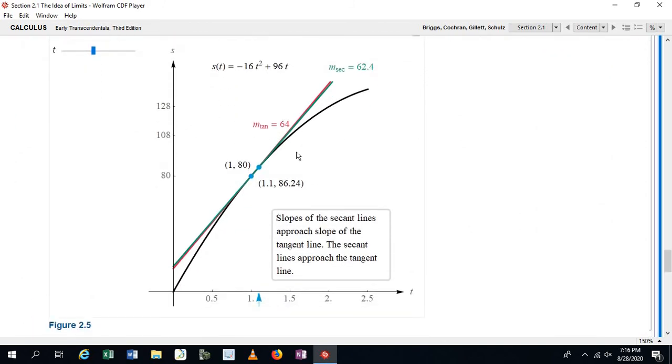Now that leads us to this idea of a tangent line. When we're finding the average velocity between two points in time, it is equal to the slope of the secant line that goes through those 2 points on this position function.